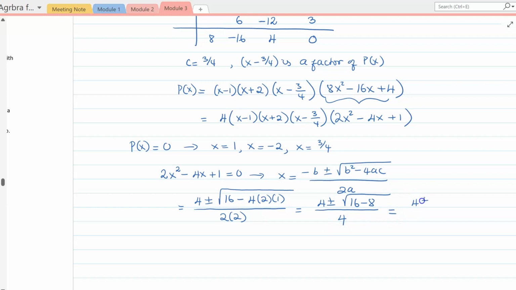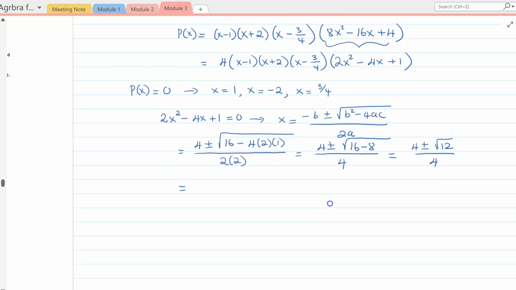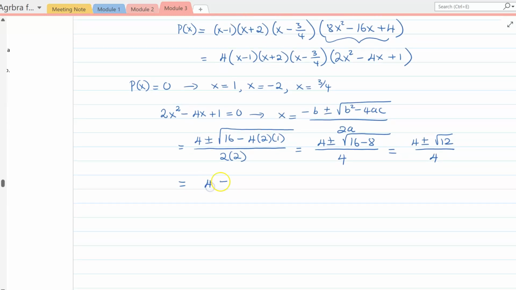That is 4 plus minus square root 12 divided by 4. 12 is 2 root 3, so that is 4 plus minus 2 root 3 divided by 4, and that is 2 plus minus root 3 divided by 2. So these are the zeros of the polynomial.